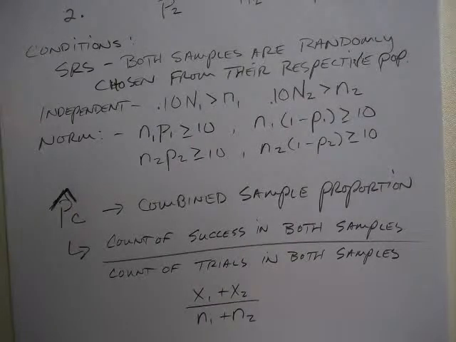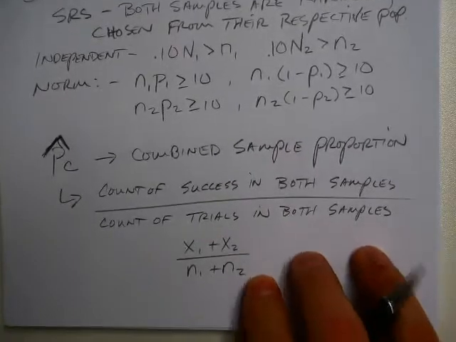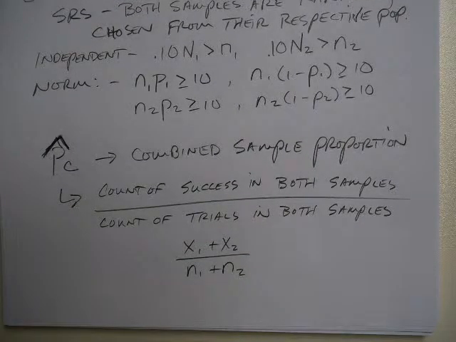You're just combining your total successes over total trials. It's p hat c. There's only one formula where that comes into play, but you might see it. Everybody with me? Yeah? All right.